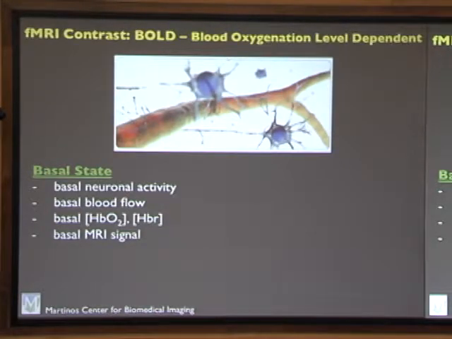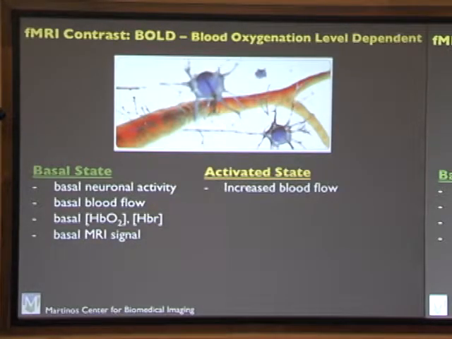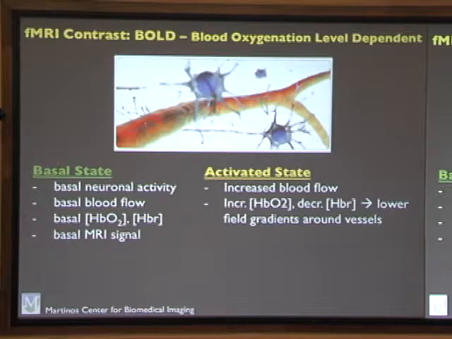Now let's say these neurons in this area become active. So now there's an activated state of the brain, and there's an increase in blood flow and an increase in oxygenated hemoglobin, and also, by ratio, a decrease in deoxygenated hemoglobin in this part of the brain.